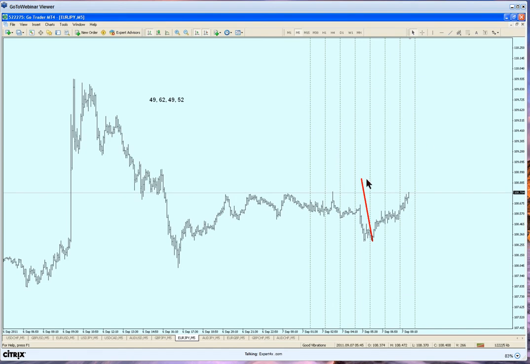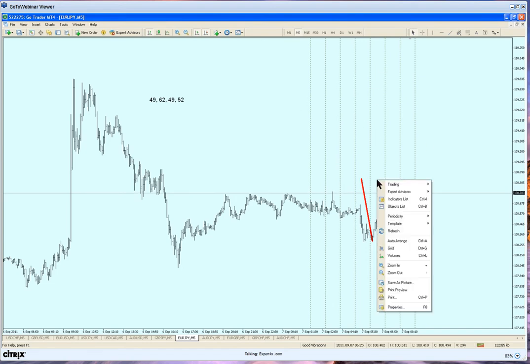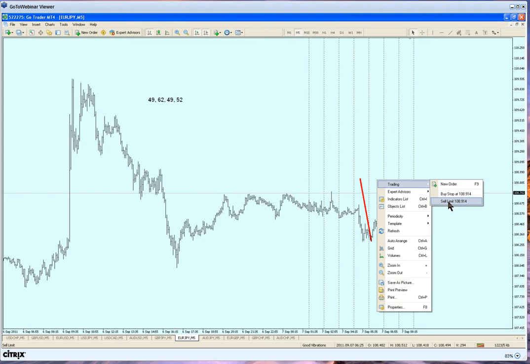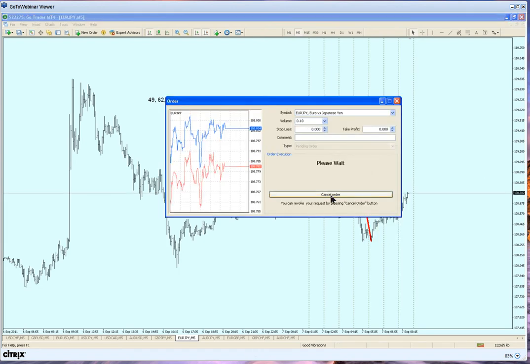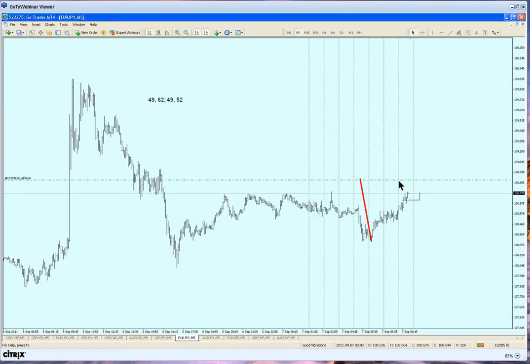Let's do it. Let's put that sell stop, sell limit in there. And we'll put a stop in there.